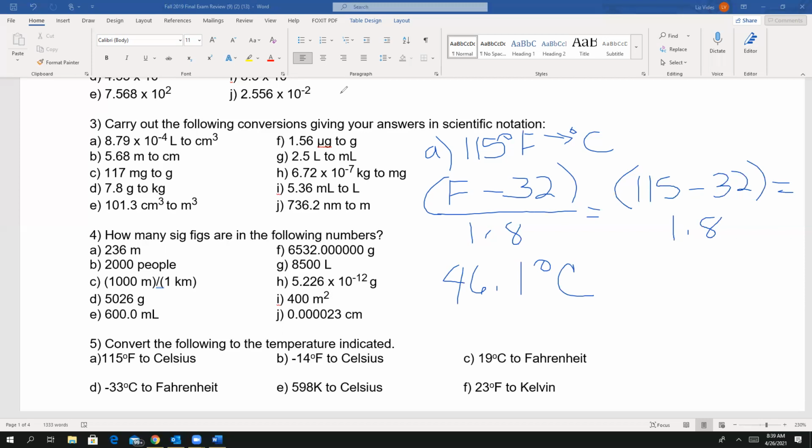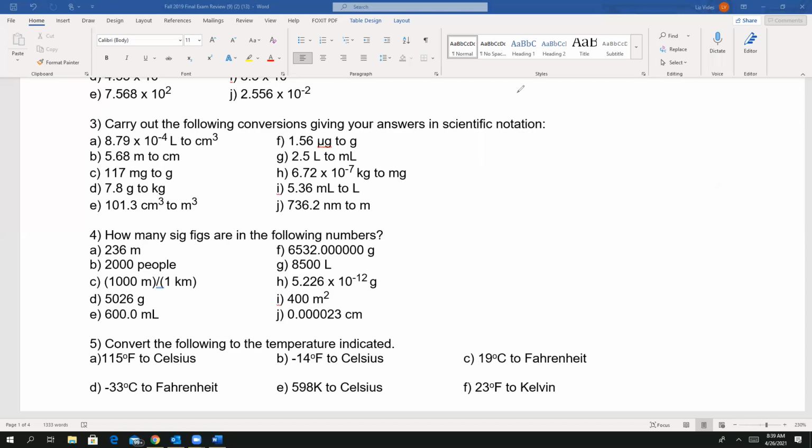That's A. Let's clear that one and do C, which is 19 Celsius to Fahrenheit. In this case, we're using the F formula, which is 1.8 times your Celsius, which is 19, right?